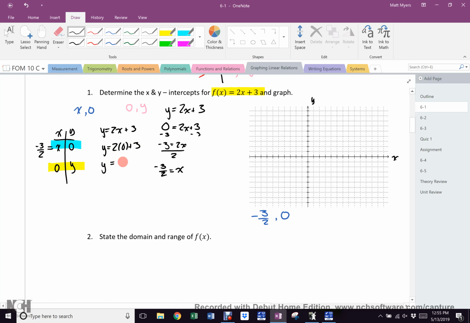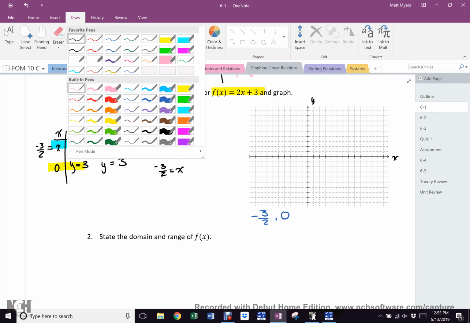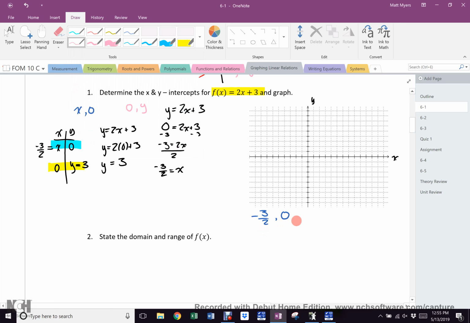Disappears. So y equals what? 3. Well, if y equals 3 and that's a y, what can I write there? 3. So what's my y-intercept? No. 0, 3.